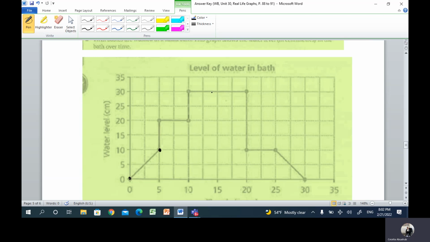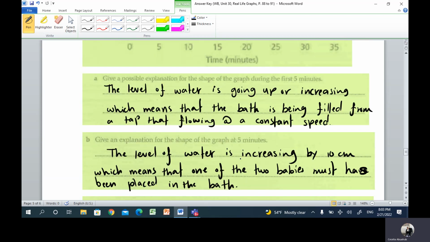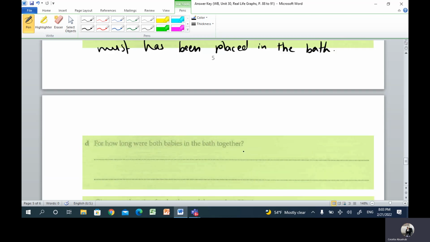Here the level of water, before it started to go down, was constant from 10 to 20, and the difference from 10 to 20 is 10 minutes. So they stayed in the bath for 10 minutes.